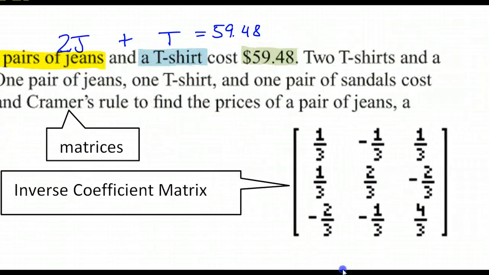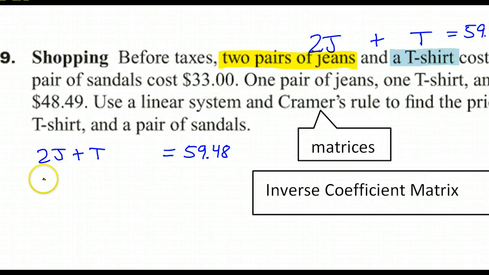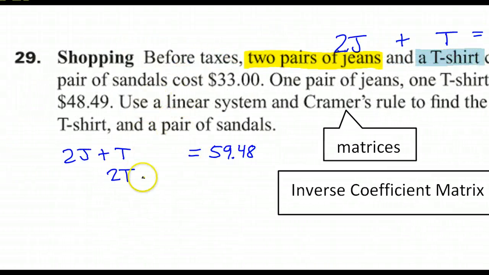Okay, let's see what else. 2 t-shirts and a pair of sandals. Okay, that's another thing, so I'm going to put plus S cost $33, so 33.